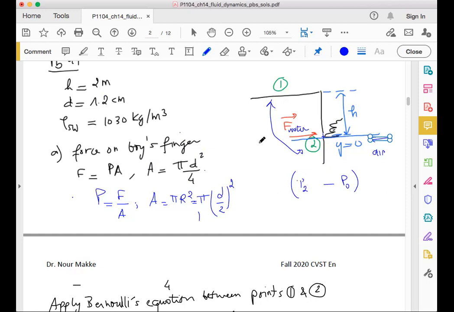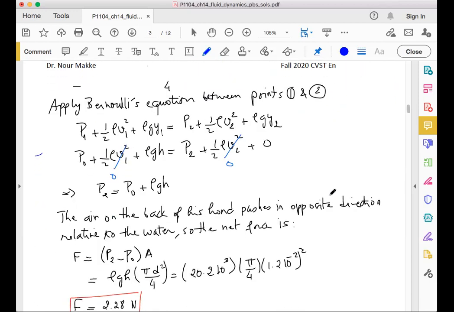The water pressure comes from the left toward the right, while the atmospheric air pushes from the right toward the left. So that's why we have to put a minus sign between P2 and P node. The final force is equal to P2 minus P node multiplied by A.